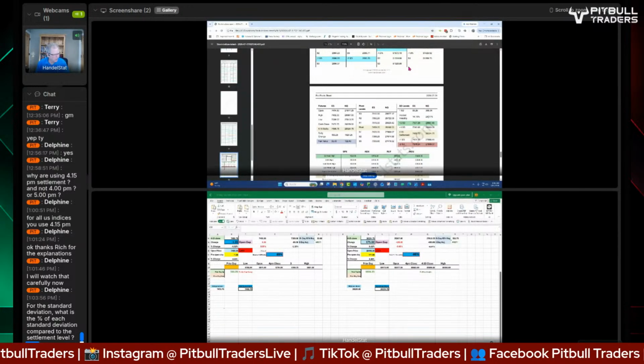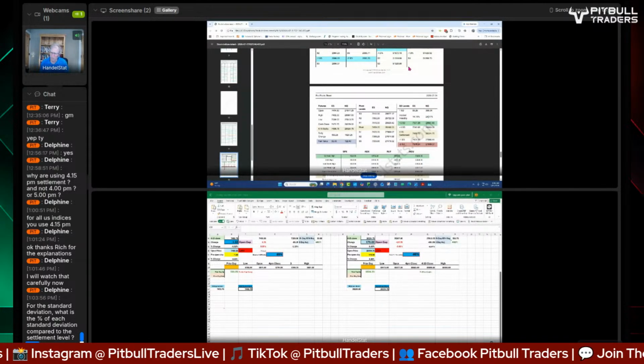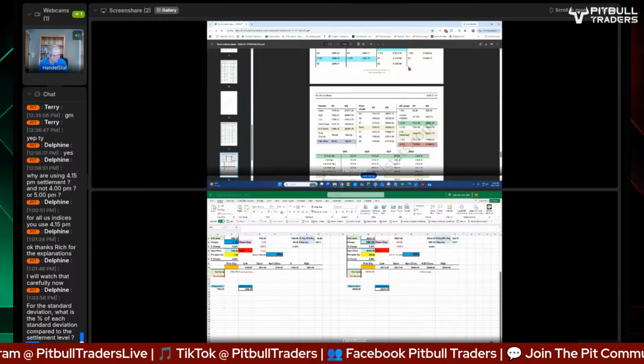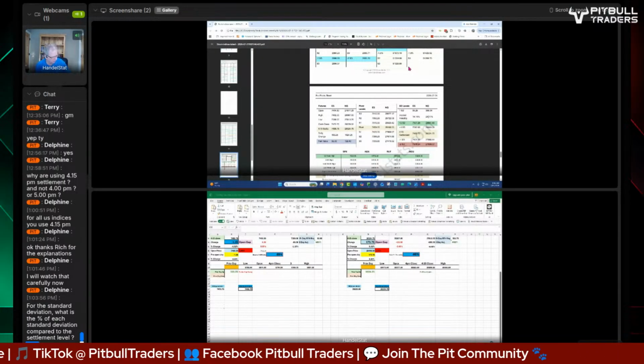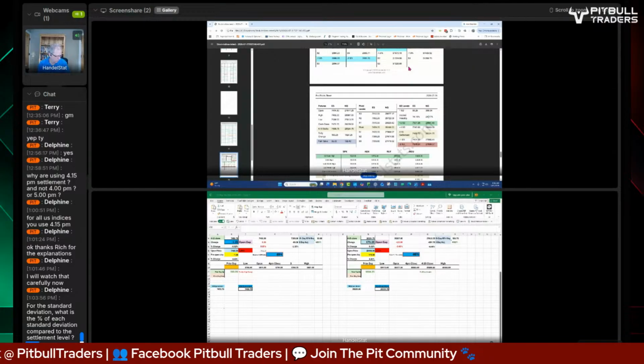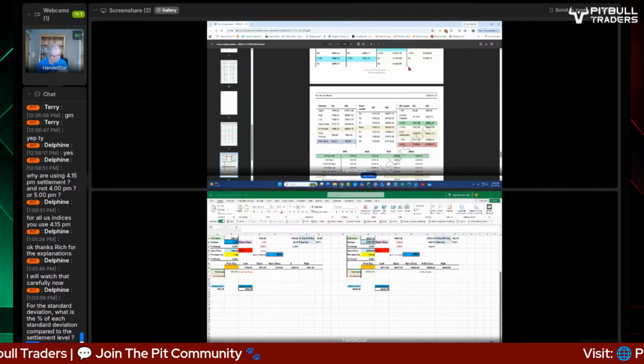the reason that these standard deviation levels are so important is because all these big institutions that trade options, that have hundreds of traders trading options, have a giant position, and they have risk managers that manage the overall position.